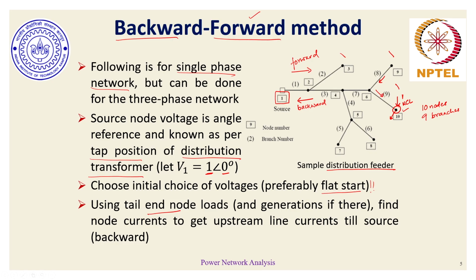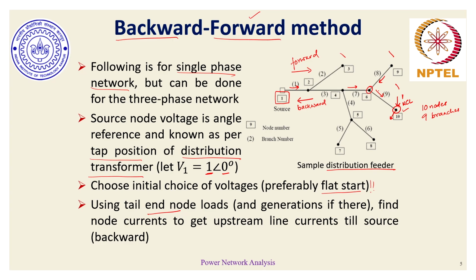So based on the KCL application, we find these branch currents, and once we find the upper branch current, we try to apply KCL again at node number 6 to find the next branch current which is between 4 and 6, and that's how we can get the current which is being drawn from the substation end.